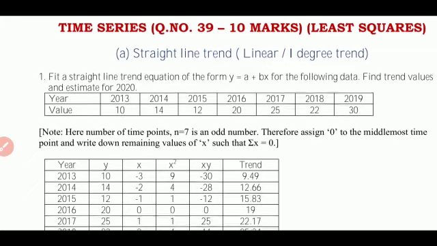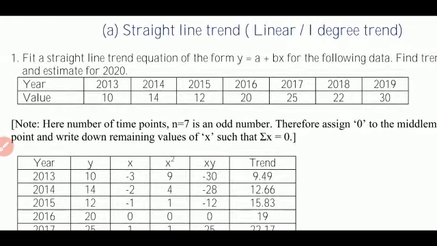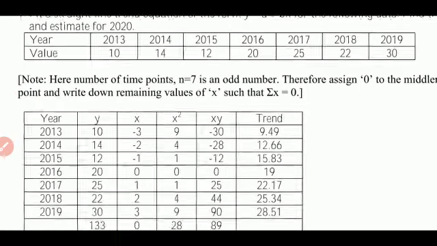So what is the question and what is the data here? We have to calculate the trend values and also we have to estimate the value for 2020. The years are 2013, 2014, 2015, 2016, 2017, 2018, 2019, and the values are 10, 14, 12, 20, 25, 22 and 30.